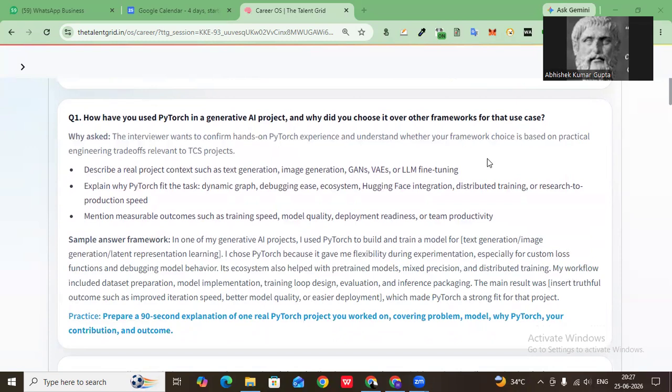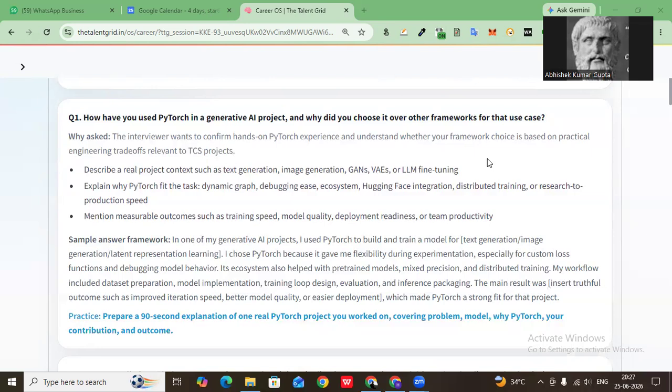Okay, so when it comes to the real project context, in one of my Gen AI initiatives, I used PyTorch to build a domain-specific conversational assistant by fine-tuning an open source LLM, the Llama model, on some proprietary domain-specific textual data.